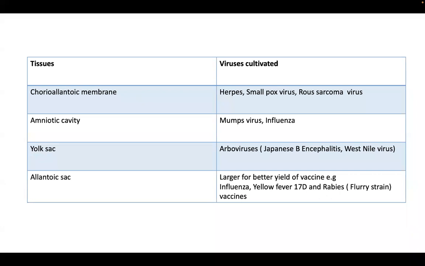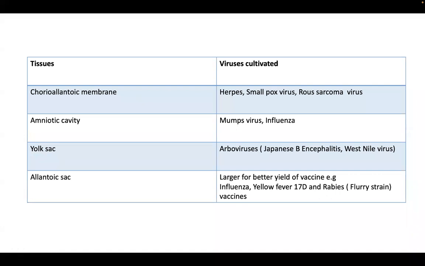So for example, the chorioallantoic membrane is used to isolate and cultivate herpes viruses, smallpox virus, and Rous sarcoma virus, while the amniotic cavity is used to isolate and cultivate mumps virus and influenza.